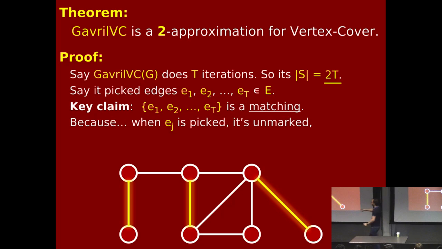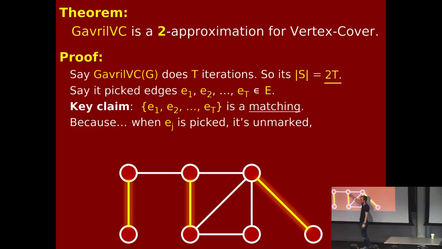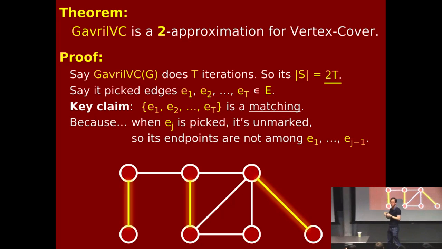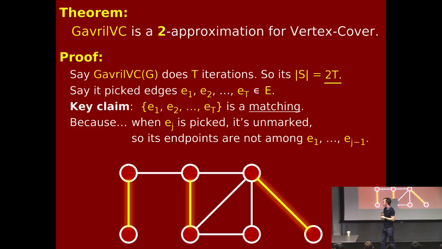Like if this is E2, by virtue of the fact that we chose it in the loop, that means these 2 were never chosen before. So that means they're not among the endpoints of the edges we've already chosen so far. So every time you consider a new edge, it has to be disjoint from all the edges that you considered in the past. Otherwise, it would have already been covered, because you take both vertices of the edge.